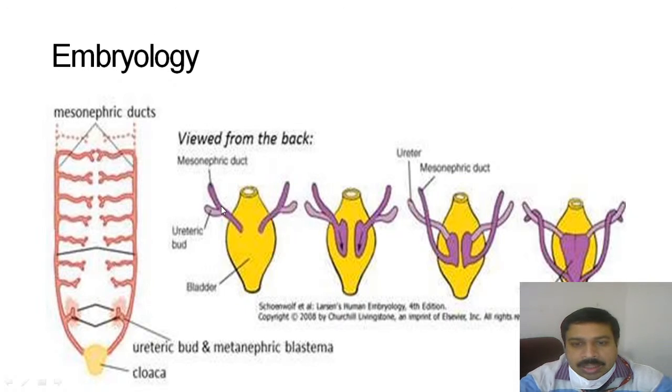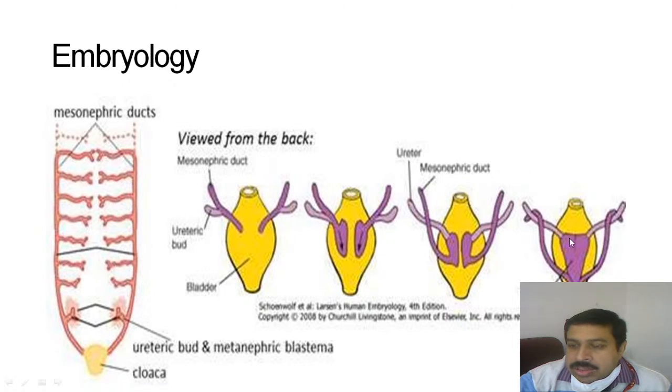Both of them are taken up as the embryo develops, and then you can have separate openings. To start with, they had a common branched pattern, but if you can imagine that this part is being absorbed by the developing bladder, they will now have separate openings, and that is how it is.